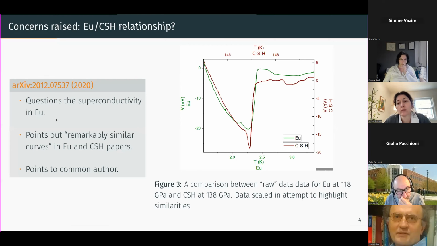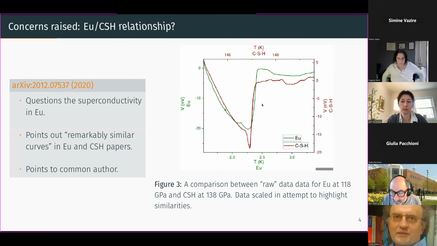And he published this arXiv article that pointed out what he called remarkably similar curves in the europium and the CSH papers. I've taken the two curves that are under question here and tried to make them look as similar as possible by scaling the X and Y axes.